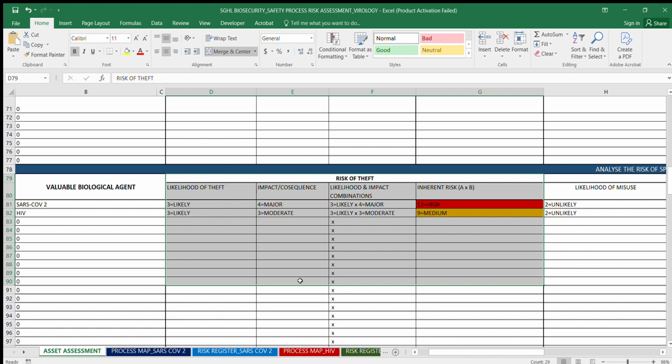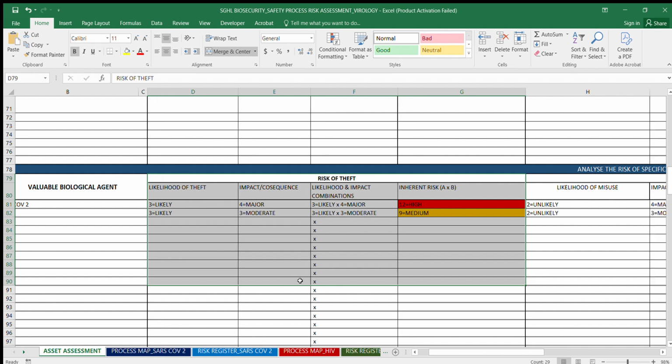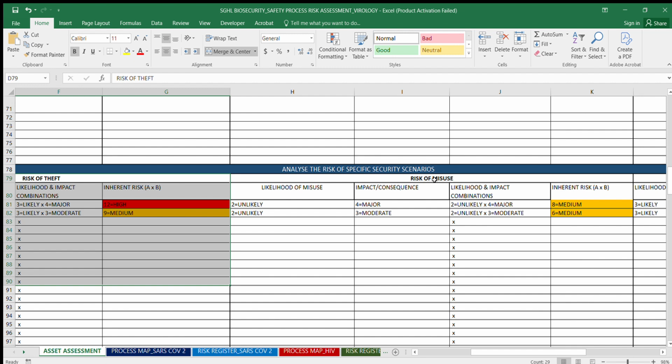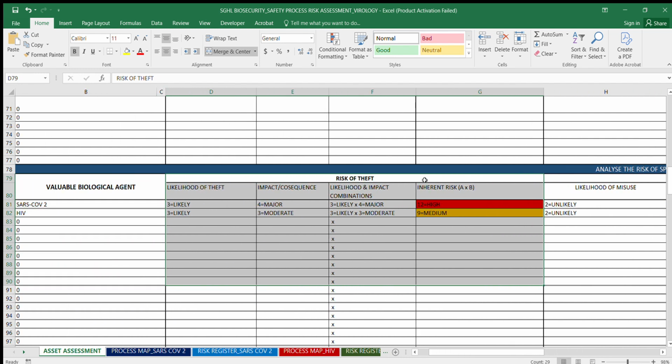If your risk of theft is high, it means that you have a potential outsider adversary. But if your risk of theft is lower compared to the risk of misuse and diversion, it means that you mostly have the risk of an insider adversary.